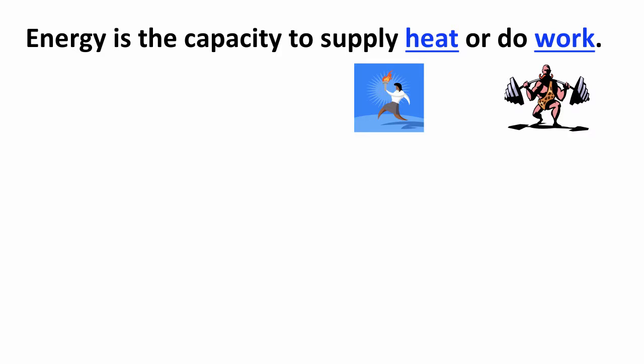Now, let's look a little bit at energy and heat and work and some of these things that pertain to chemistry and chemical reactions. First, let's note that energy is the capacity or ability to either supply heat or to do work.